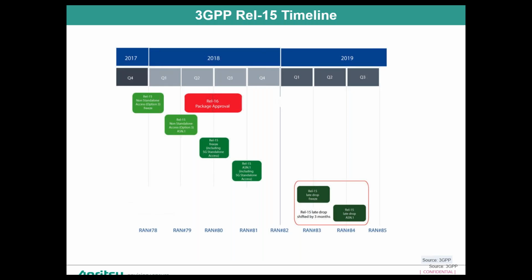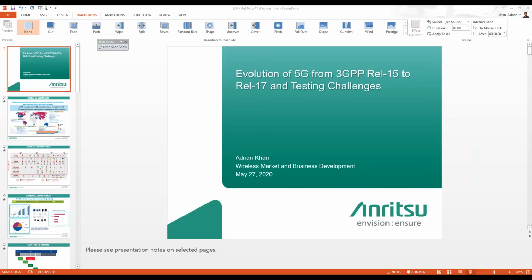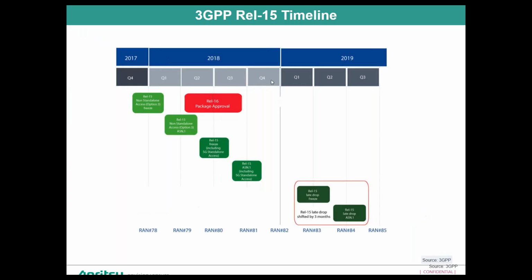The work on release 15 in 3GPP, which is certainly a body that creates specifications, actually started in June of 2016. And the work finished almost 3 years after that, in June of 2019.